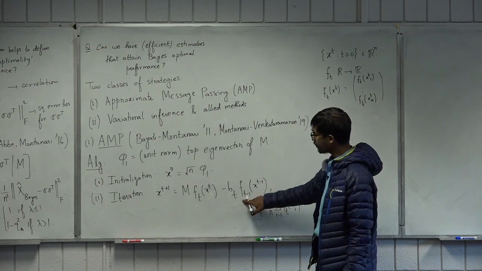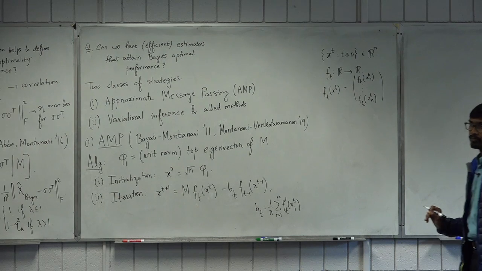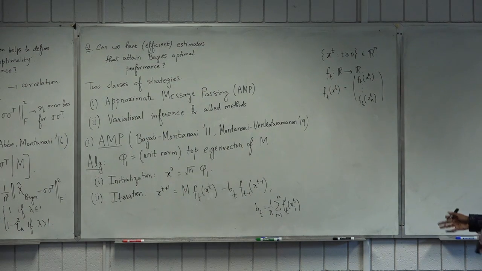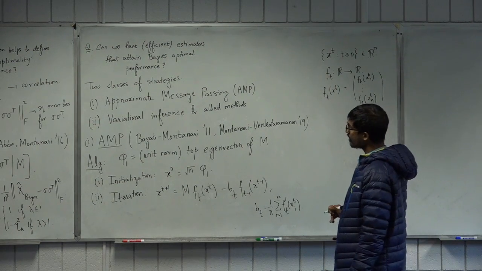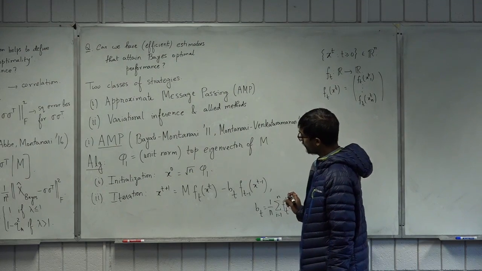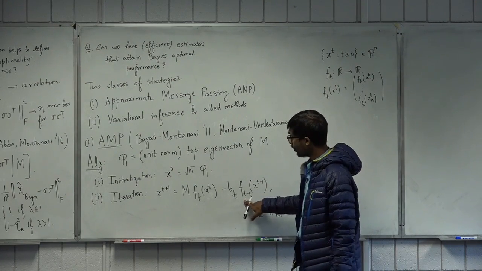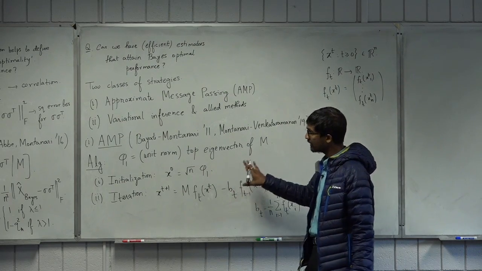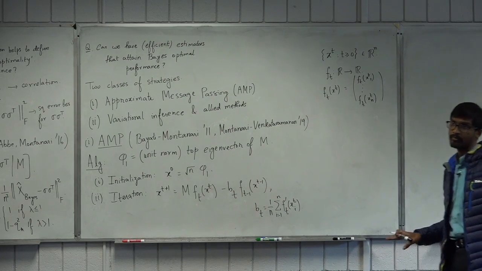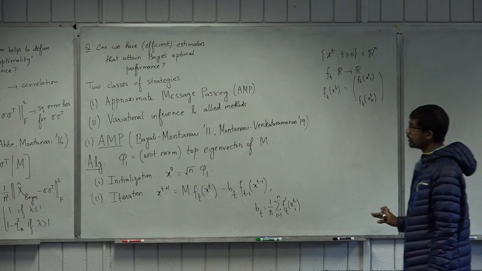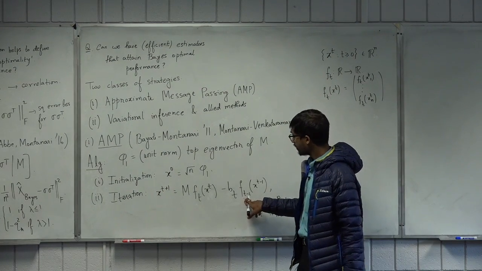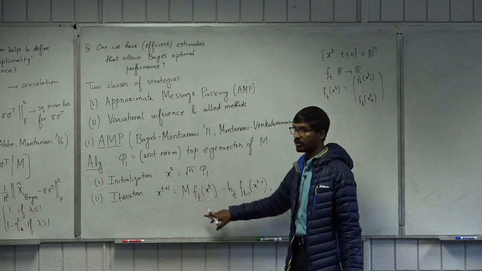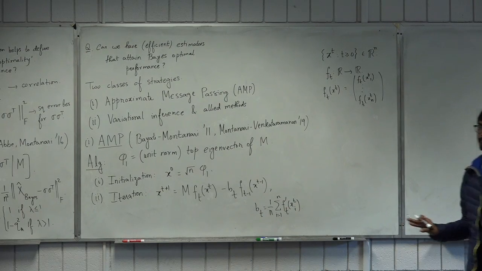This is again a coordinate-wise nonlinearity. So this is a sequence of vectors that I obtain. And this is not one algorithm in the sense that for every possible choice of these nonlinearities ft, I get a different instance of this algorithm. And it will be up to the algorithm designer to actually choose what nonlinearities to use at each step.